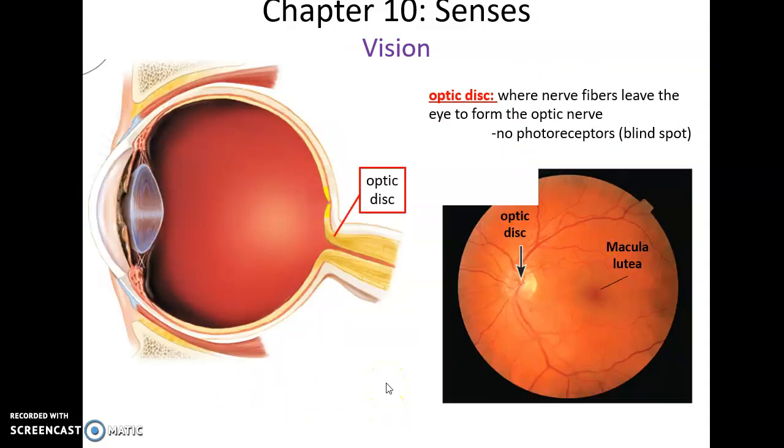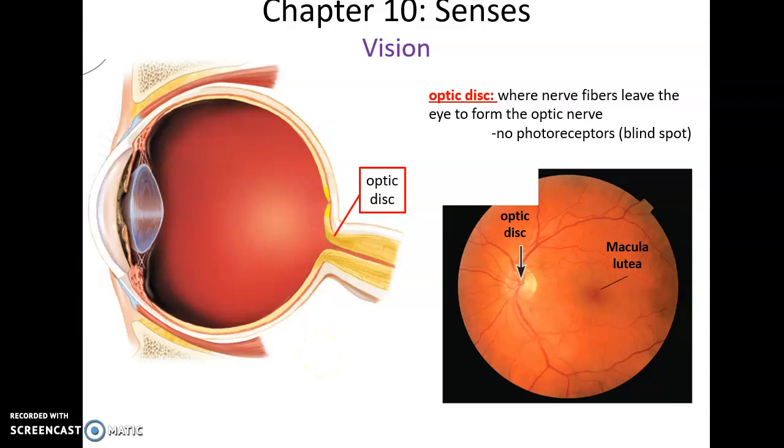A consequence of that weird arrangement is that when the nerve fibers are leaving the eye and passing through what's referred to as the optic disc, because they have to push through where the photoreceptors would have been, there are no photoreceptors where the optic disc is located.